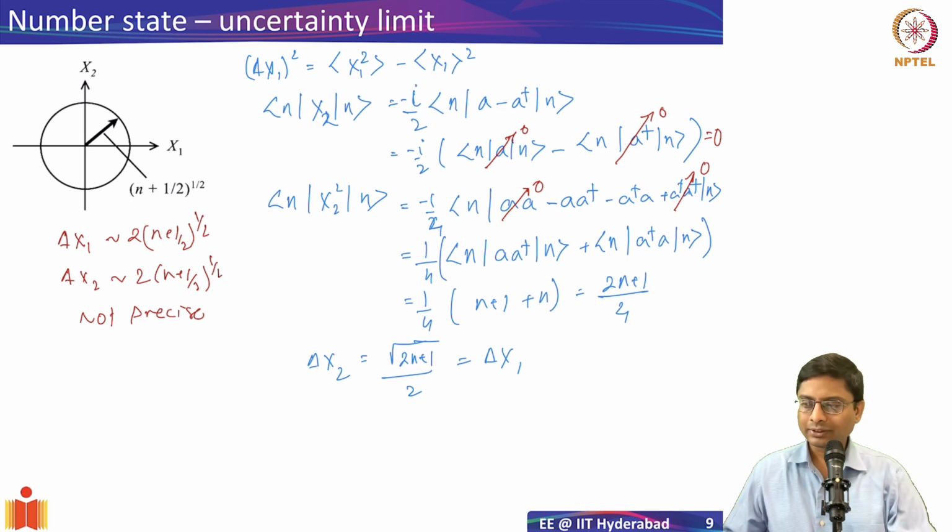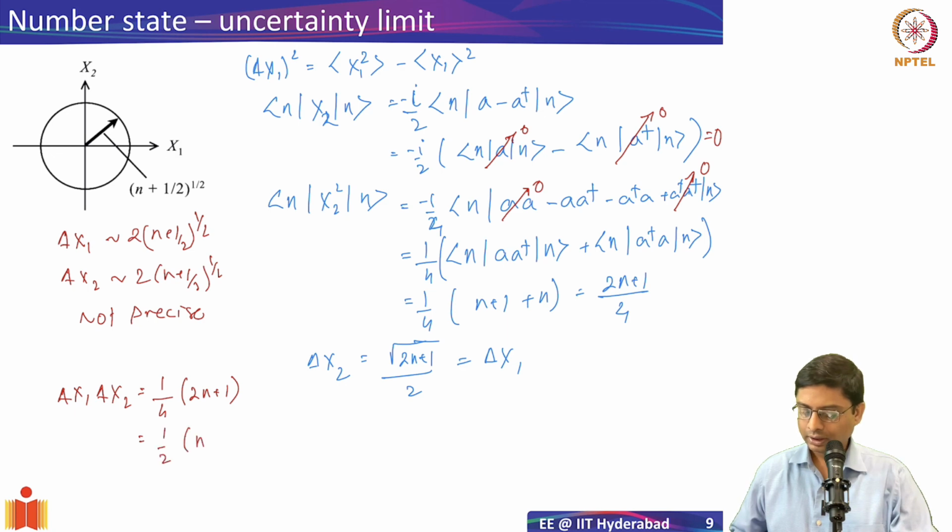So what is my uncertainty relation? Delta x1 delta x2 is equal to 1/4 (2n plus 1). So if I take out 2, essentially you get half n plus half. Okay. So now this is interesting.